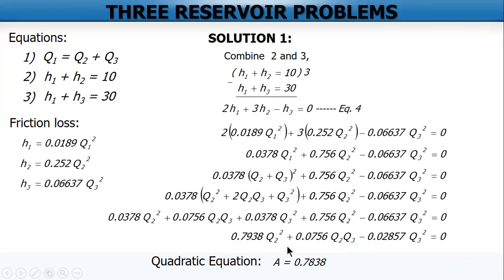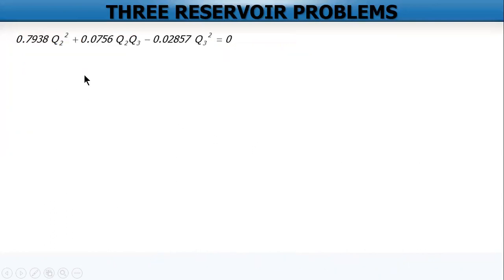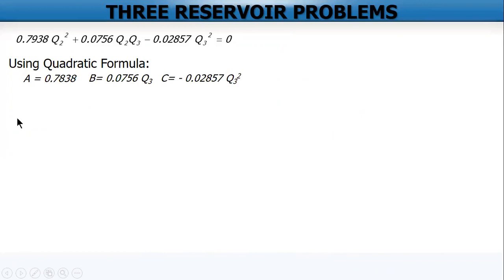Ang B na to, since atong variable is Q2, then Q3 will be part of B. And then C, kita yan, C na siya. Constant ba? Ah, and we're going to use quadratic formula. So using quadratic formula, A, B, and then C.